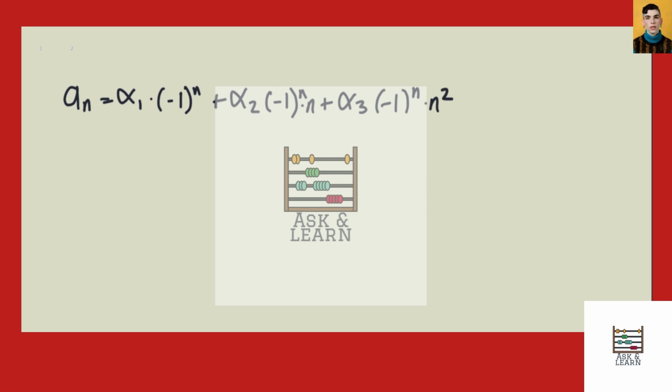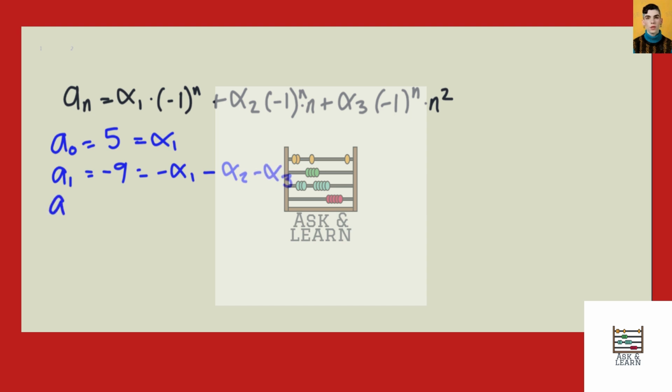Okay, so we'll use our initial conditions to solve for this. So we know that a_0 is equal to 5. If we put a 0 in across the board, we end up with 5 is equal to alpha 1. And then we know that a_1, which is equal to negative 9, if we put a 1 in for n across this equation, we get negative alpha 1 minus alpha 2 minus alpha 3.